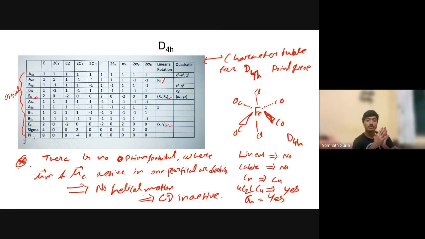If those are not active, then there is no chance of a molecular helical dipole motion, which is the molecular intrinsic property. So at least x and Rx, z and Rz, or y and Ry should be active in one particular symmetry operation.